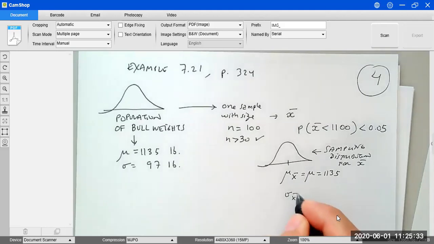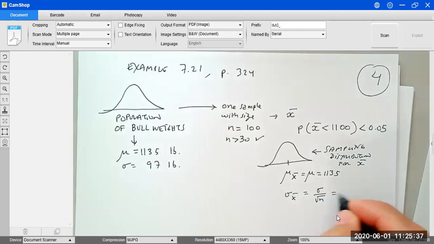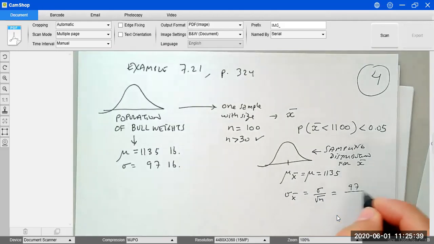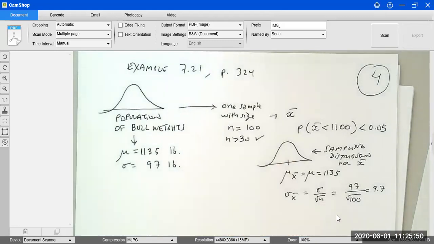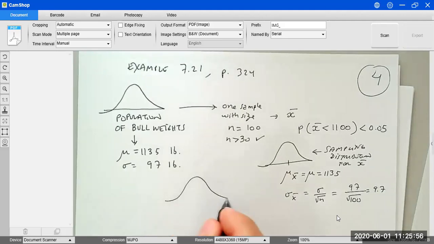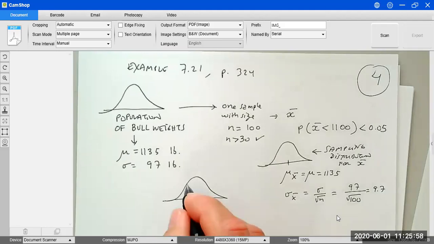The standard deviation is going to be just the standard deviation over the square root of n, so it's going to be 97 over the square root of 100, so it's just 9.7. So those are the parameters for the sampling distribution.